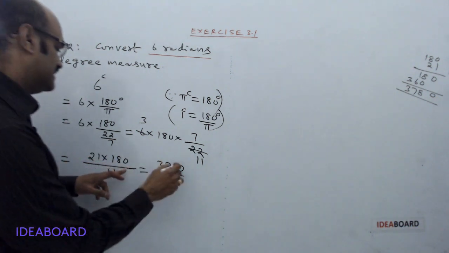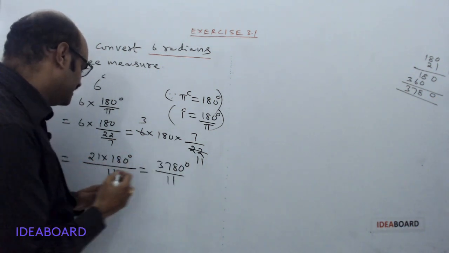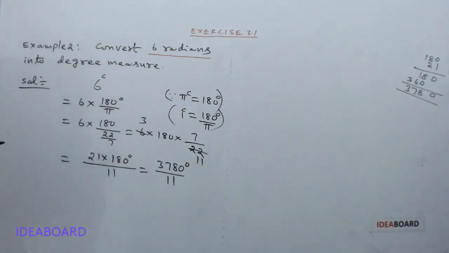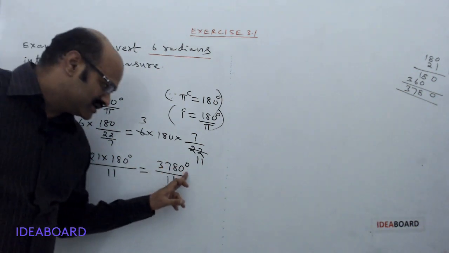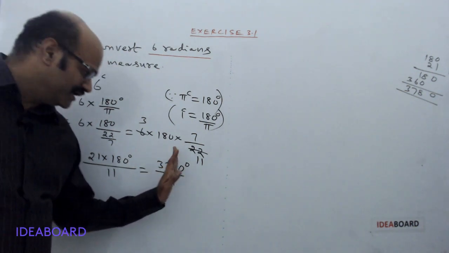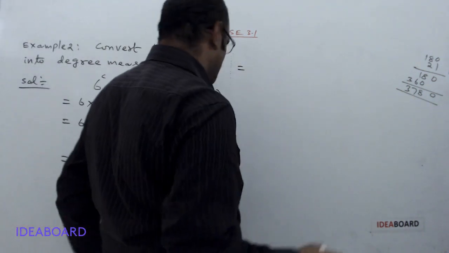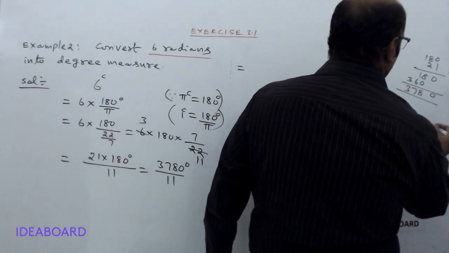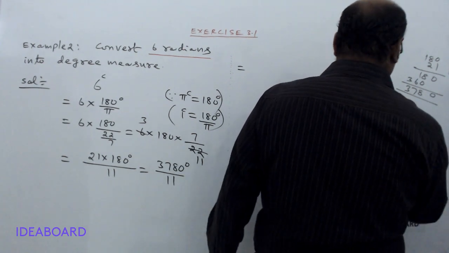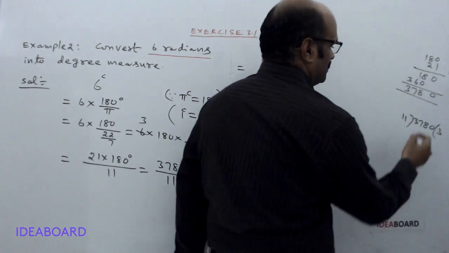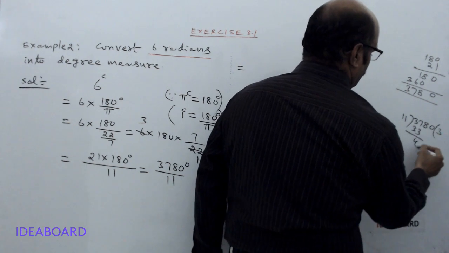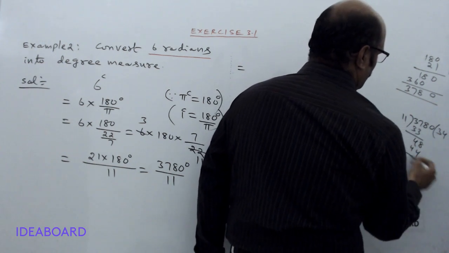Now 3780 by 11 degrees we are having here. Now here we have to write this one in minutes and seconds. So now divide 3780 by 11. 11 3s 33. 11 4s 44.